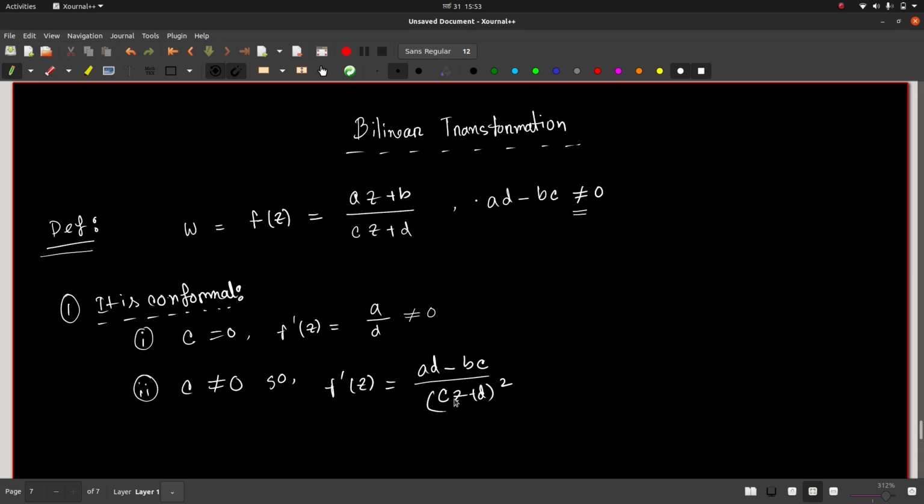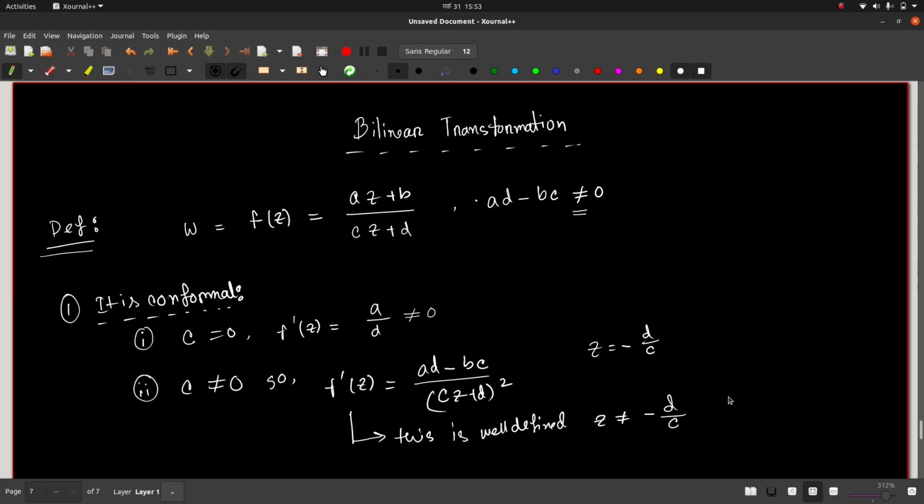However, if z is equal to minus d by c, then we get a singularity. That's why this f'(z) will be well defined when z is not equal to minus d by c. That means z is finite.